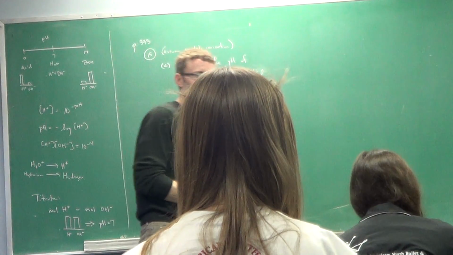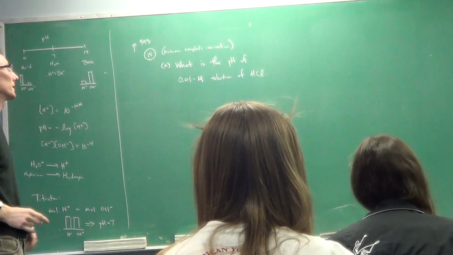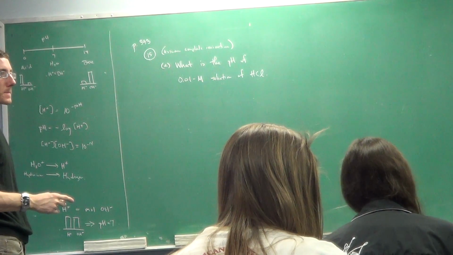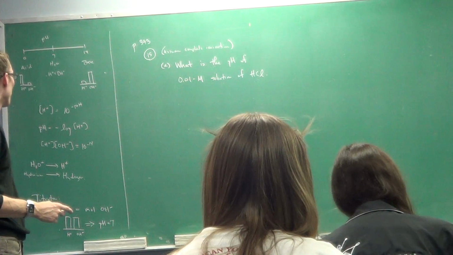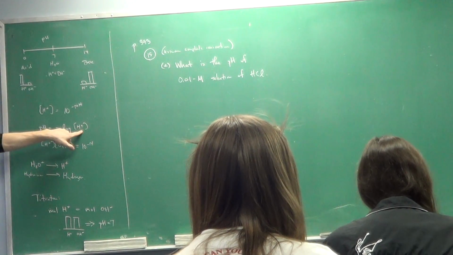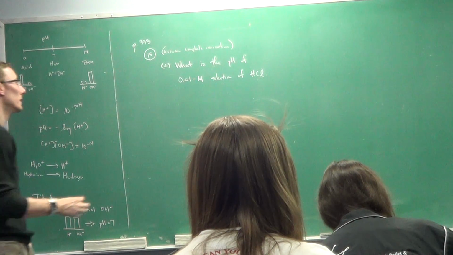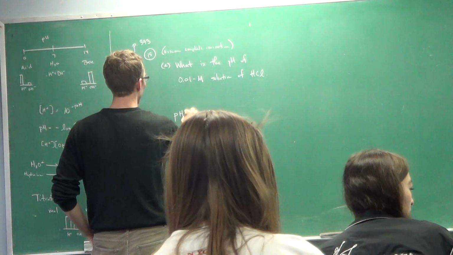That means that all of your HCl is going to break apart into H and Cl. Now, if you want to know the pH of any solution, you need to know the hydrogen ion concentration. And as soon as you know that, you plug into the formula and you're done. So we're going to work towards this formula.